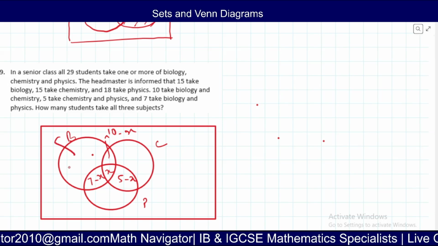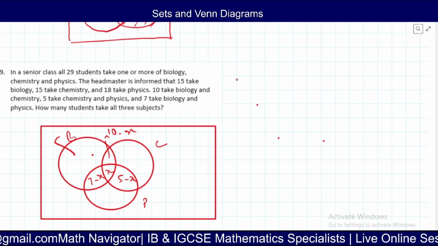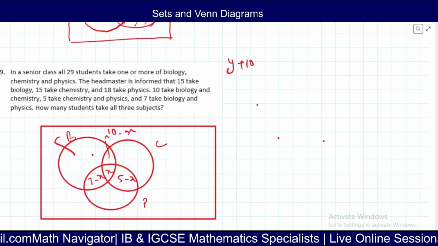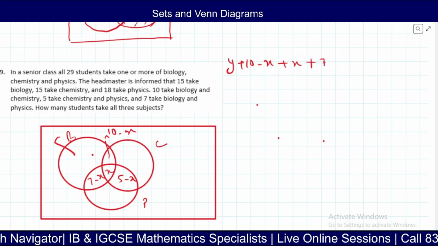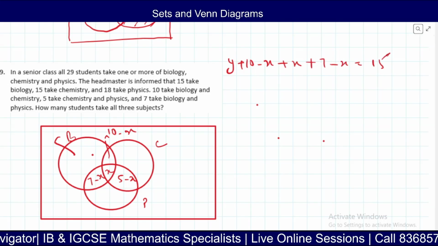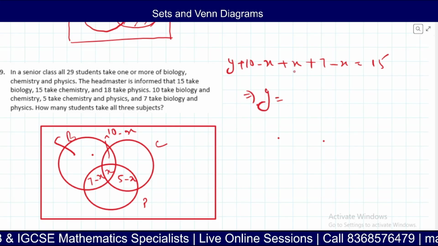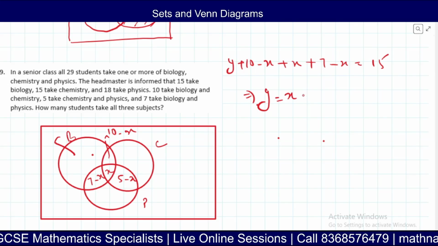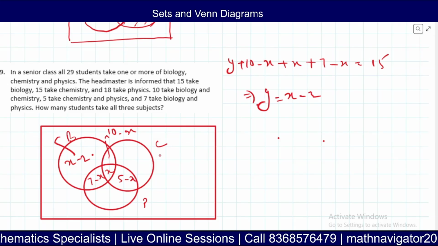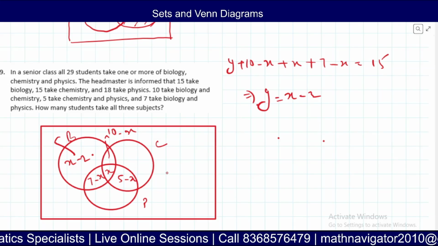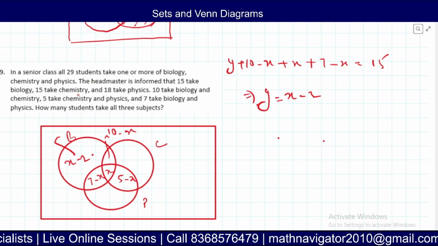Now this bio is how much? 15. So y plus 10 minus x plus x plus 7 minus x is equal to 15, which will give me y is equal to x minus 2. I'll put x minus 2 here. Right. And here again is chemistry. How many? 15 takes chemistry.